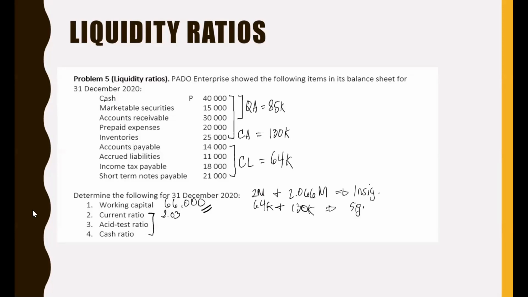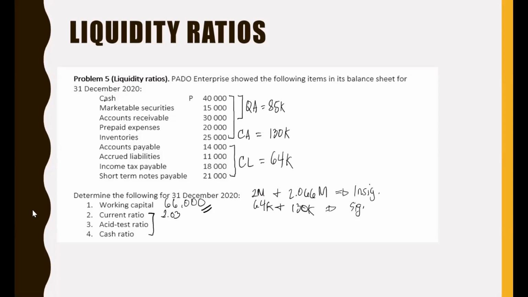Sir, why do we exclude prepaid expenses and inventories in our quick assets? Basically, inventories will take a lot of time before we can convert them into cash, unlike these 3 other items.